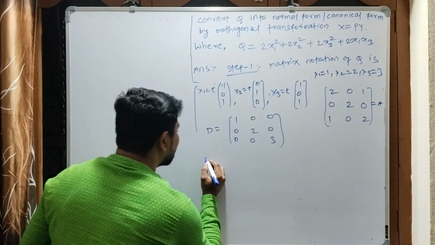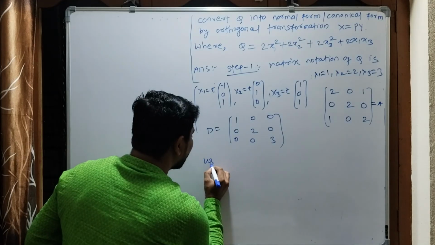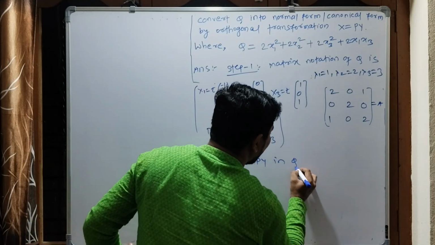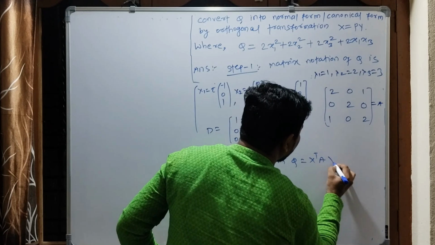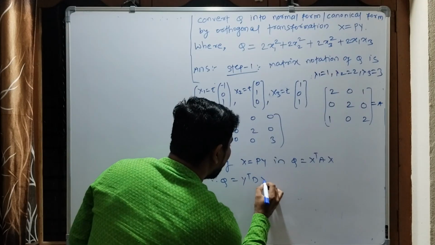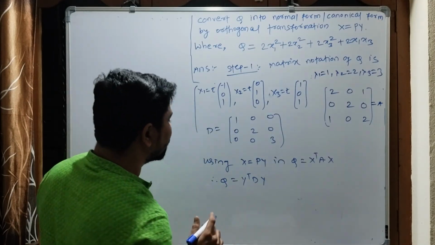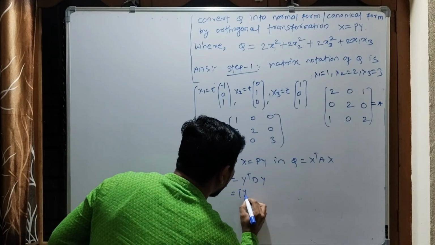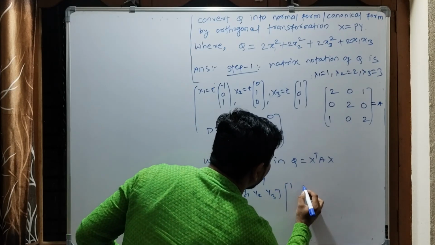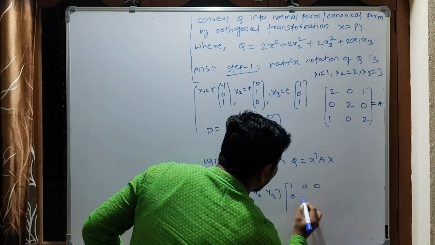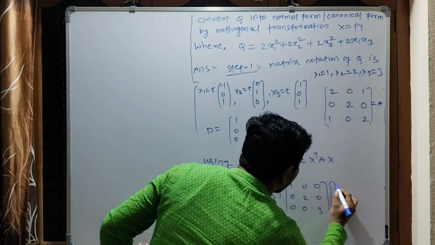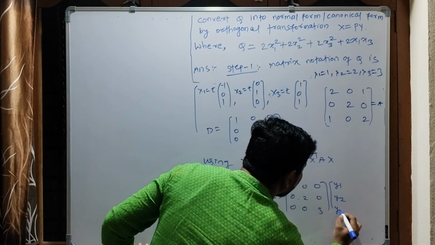Therefore Q becomes, using x equal to Py in Q equal to x transpose Ax, Q equal to y transpose Dy. Here D is the diagonal matrix. This is equal to y1, y2, y3, and this given D matrix is 1 0 0, 0 2 0, 0 0 3, and here y is y1, y2, and y3.